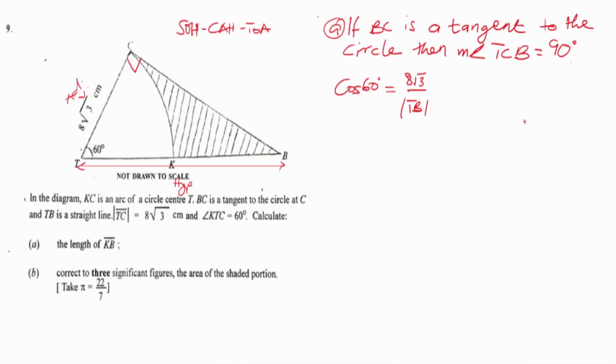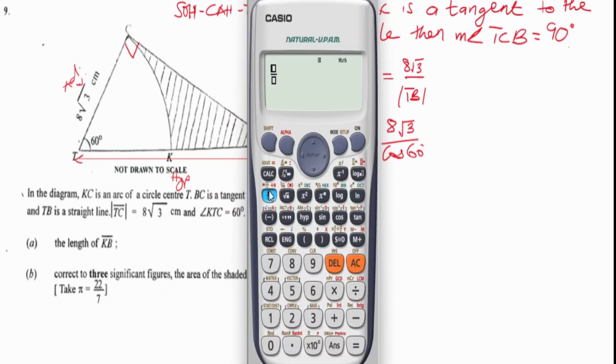Rearranging, the length TB is equal to 8 root 3 over cos 60 degrees. Let's find that on a calculator: 8 root 3 over cos 60, and that gives us 16 root 3.